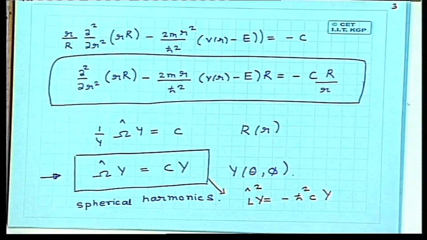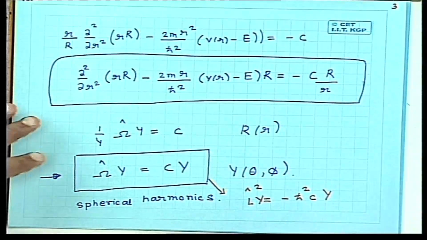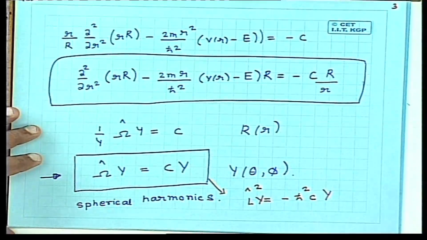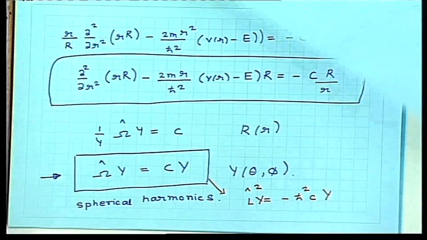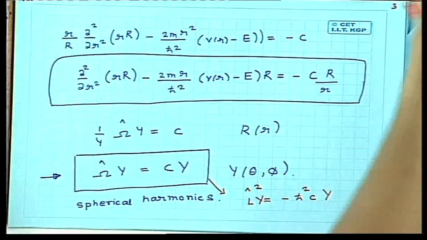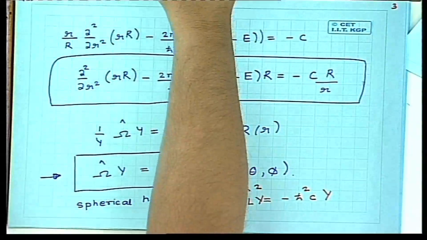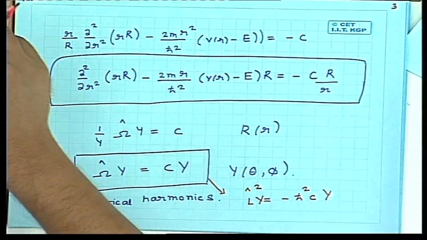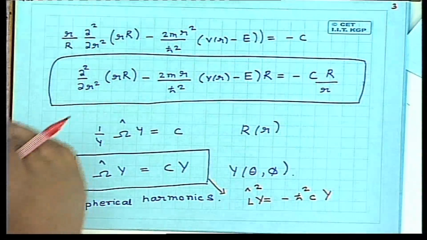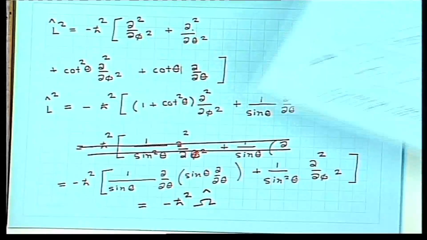So the square of the angular momentum operator appears naturally in this problem of a particle in a spherical potential. Let us also look at the Schrodinger equation, or the Hamiltonian.